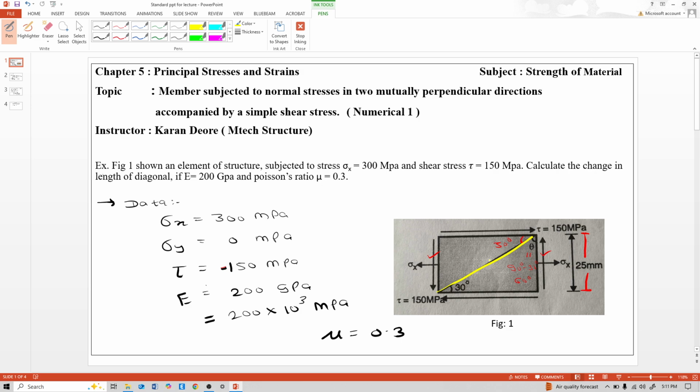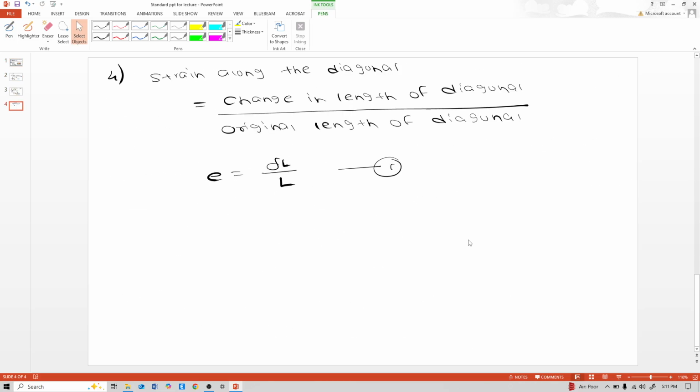So sine 30 degrees is equal to 25 upon L, let us assume the diagonal as L. Because our objective is to calculate delta L, we know the strain, but we don't know L. So we need to calculate this L, and after we get L, we will calculate delta L. Sine 30 degrees is equal to opposite side 25 mm divided by L. Therefore L is 25 upon sine 30 degrees.